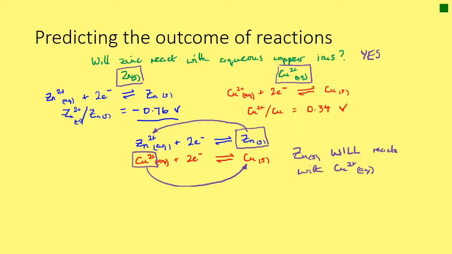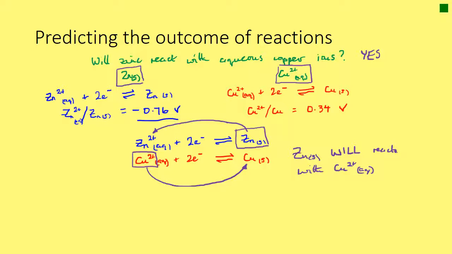Now the next step, which I'll do in purple, is to draw on these anti-clockwise arrows. You go from the product of the top reaction to the reactant of the top reaction, like so. And then the bottom arrow, also going in the anti-clockwise direction, goes from the reactant of the bottom half equation to the product of the bottom half equation.